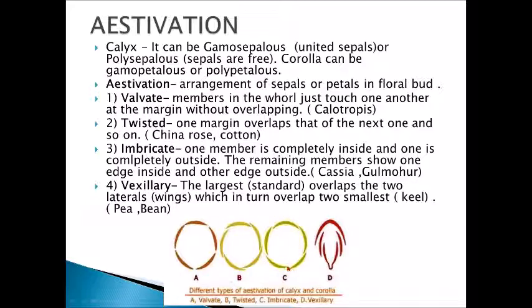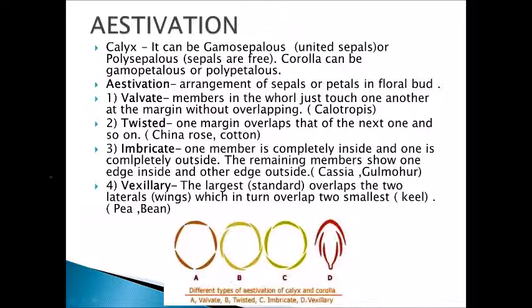So typically in imbricate, one member is completely inside and one member is completely outside. That is imbricate, and that is seen in cassia and gulmohar.